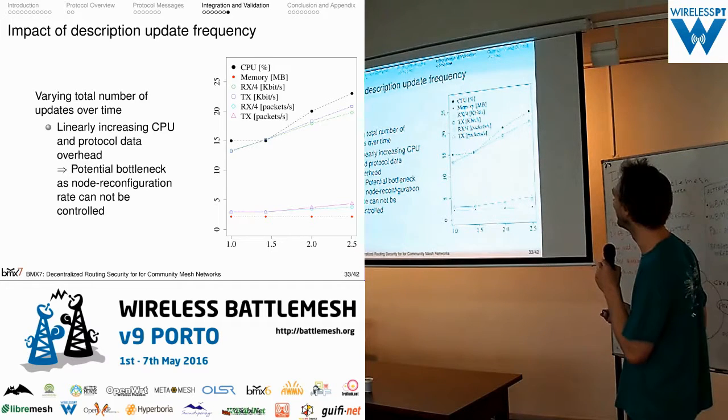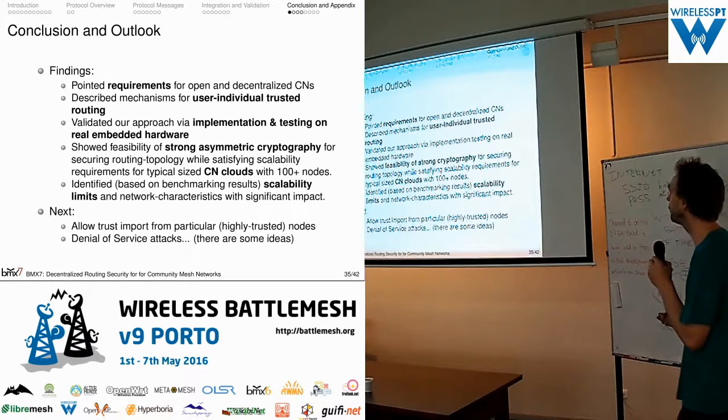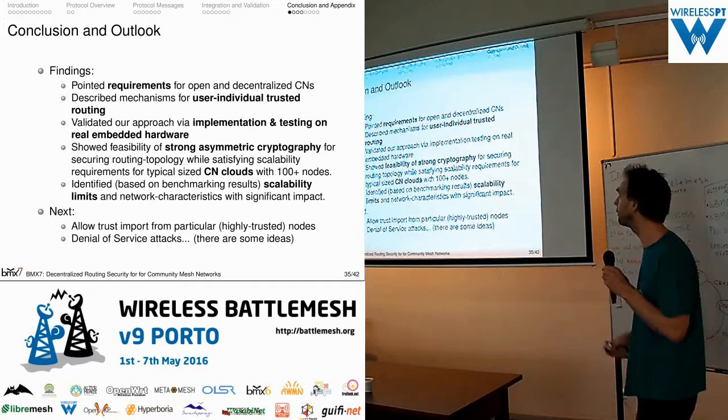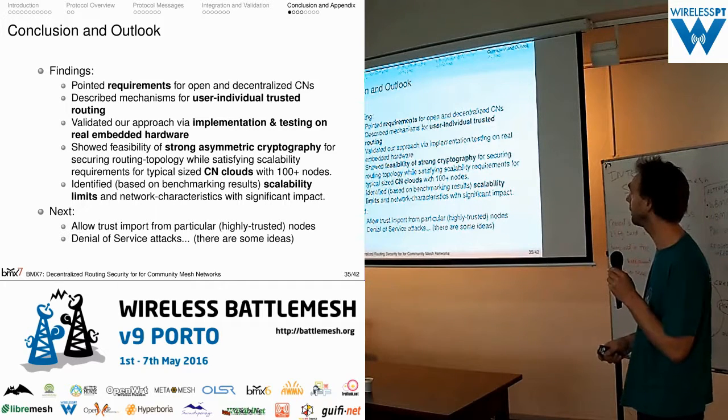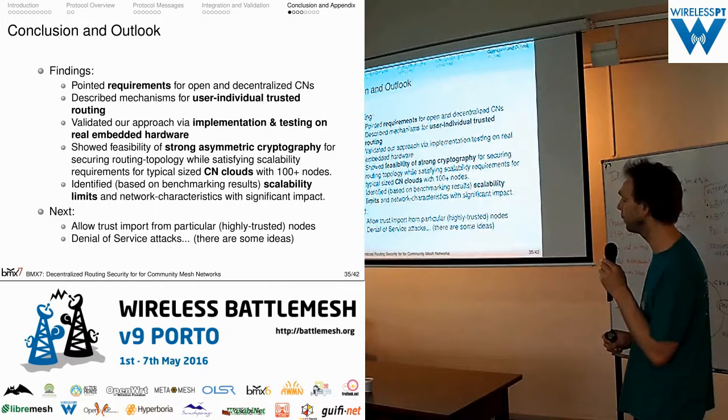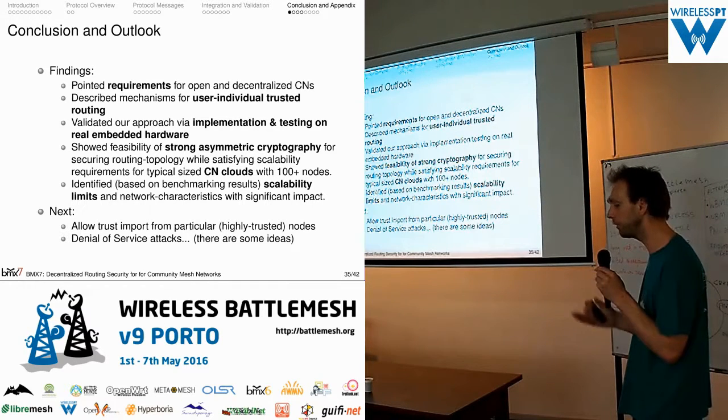Okay, so the conclusion. I pointed to some requirements or challenges for open and decentralized networks, and why I think it's hard to solve this problem, especially regarding finding consensus on who's trustable and who's not.